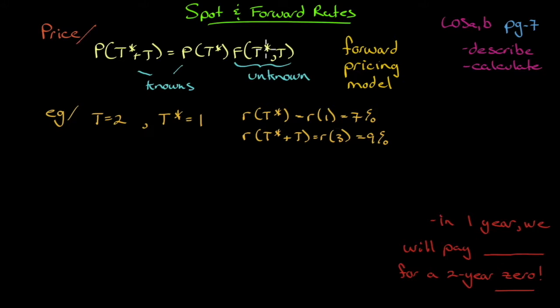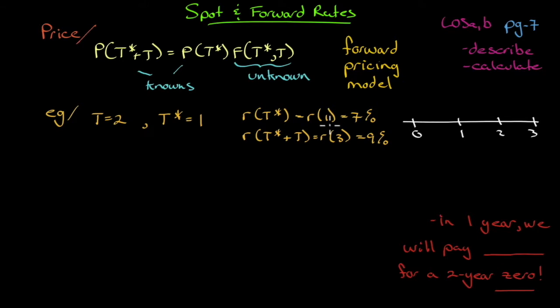So let's say that our T is 2, our T star is 1, and we have a 1-year spot rate of 7% and a 3-year spot rate of 9%. What always helps me out is I just draw a little timeline: 0, 1, 2, 3. And what are we doing here?